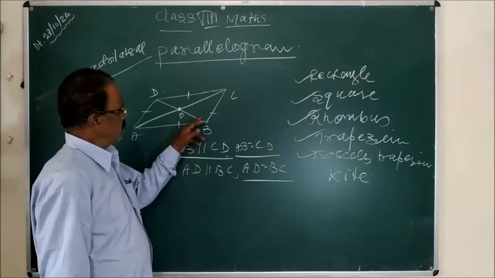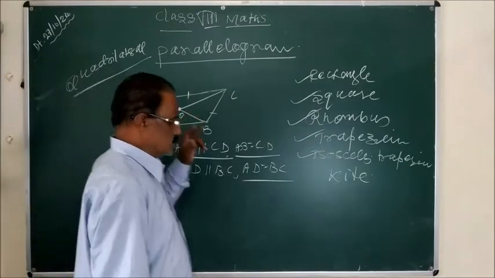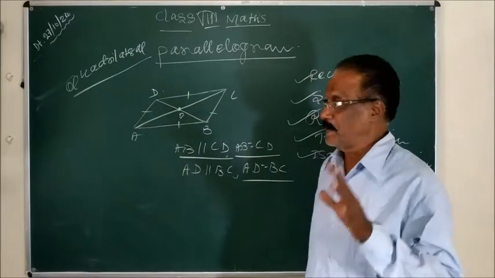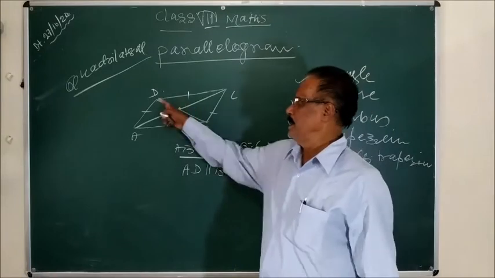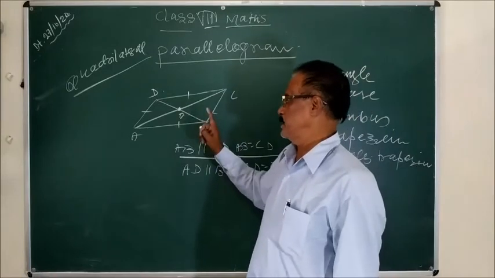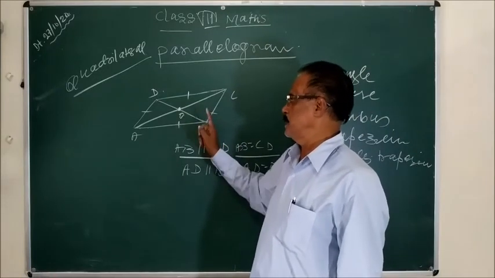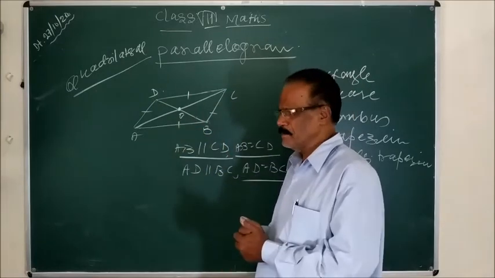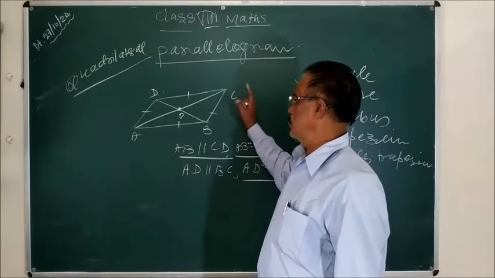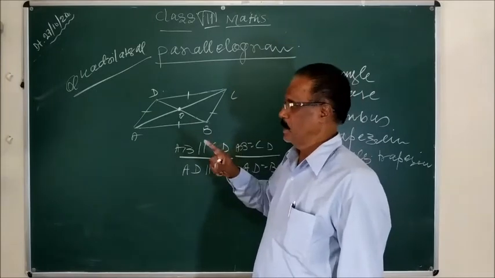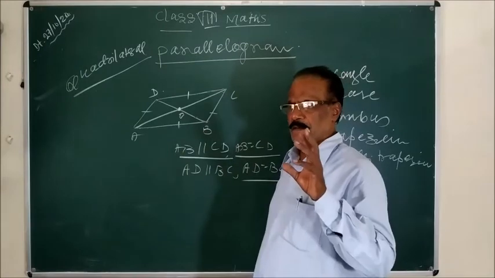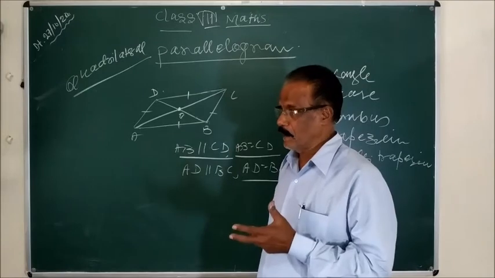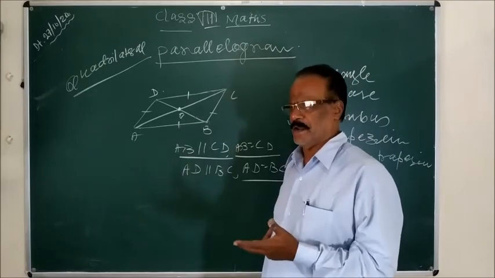The line segment which joins the opposite angles is called a diagonal. BD is a diagonal because it joins the opposite angles B and D. Similarly, AC is the other diagonal which joins the opposite angles C and A. And there will be a maximum of two diagonals in a parallelogram, in any quadrilateral.